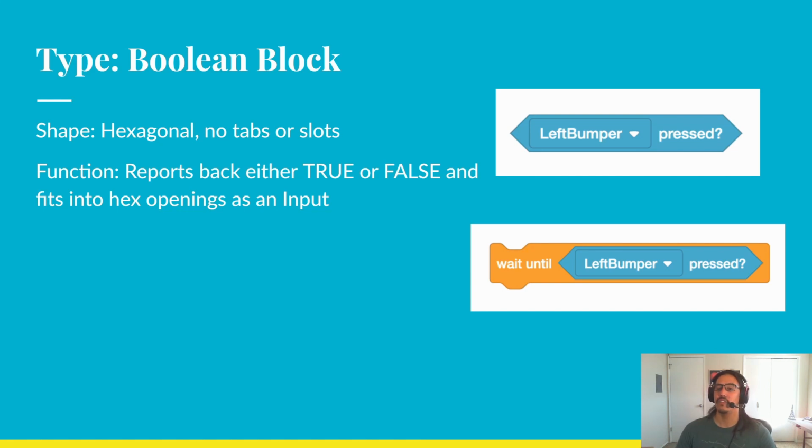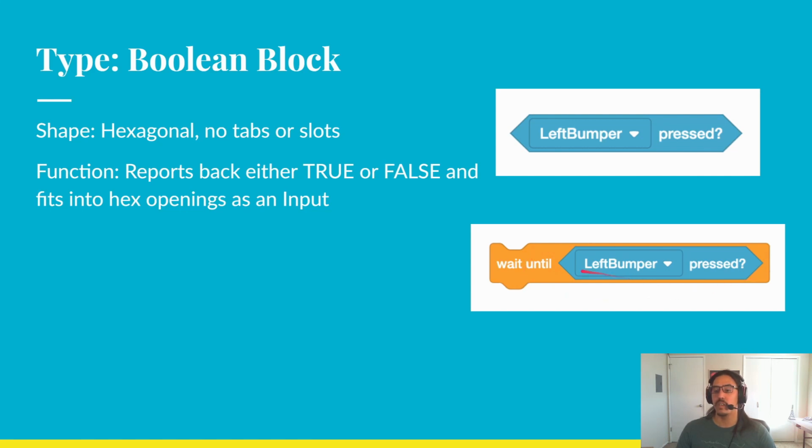And what that is useful for is things that are yes or no questions. So this Boolean here says left bumper pressed, which you can think of as has this button been pressed? It's either a yes or a no. There's no in between. And those can be used as an input for other blocks.